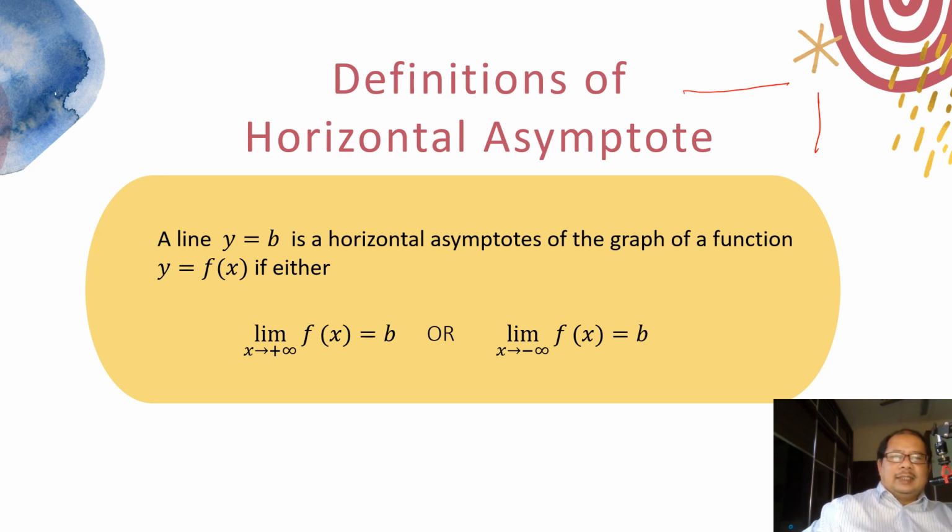Tadi kita dapat infinity atau negative infinity untuk vertical, tetapi untuk horizontal adalah limit apabila x menghampiri positif atau negative infinity, apa jadi pada y, dan nilai ini adalah nilai horizontal asymptote dia. Y equal to b.